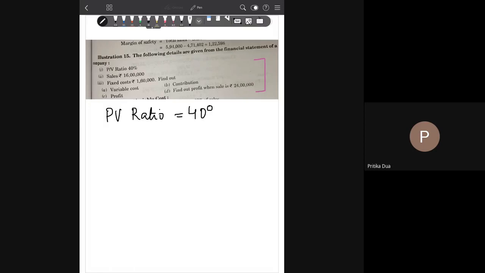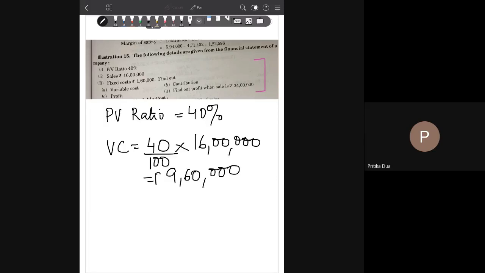Now PV ratio of 40% means that out of a given sales volume 40% is the variable cost. For 100 rupees of sales, 40 rupees is variable cost, so for 16 lakh of sales how much will the variable cost be? That is coming rightly to 9,60,000.